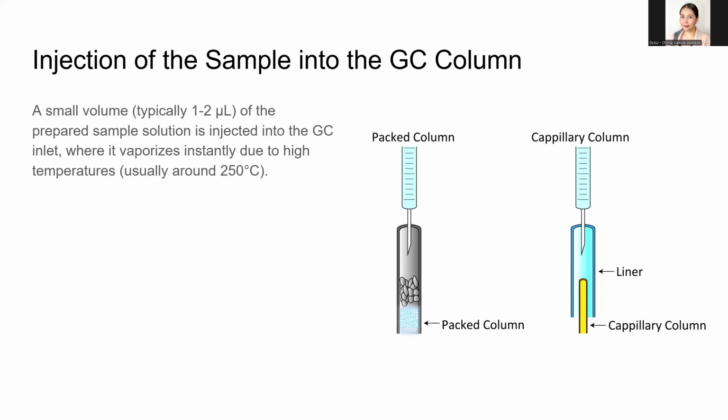So this step is crucial for transitioning the sample from a liquid or solid state to a gaseous state, allowing it to enter the GC column. The efficiency of the injection process impacts the amount of sample that reaches the column, which directly affects sensitivity and detection.